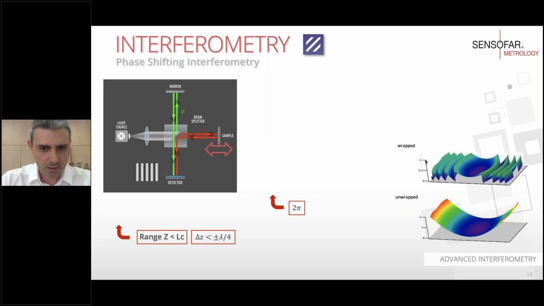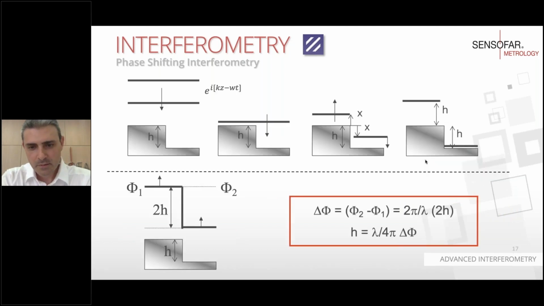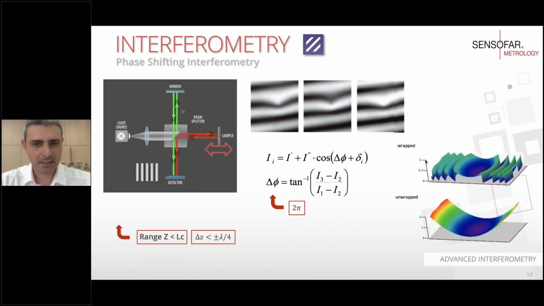And then going back to the previous equation, if the phase difference equals pi over 2, so 90 degrees, this equals a height difference of lambda over 8. So if I introduce into the interferogram a displacement of lambda over 8, we will create a new intensity that has a phase displacement of 90 degrees.